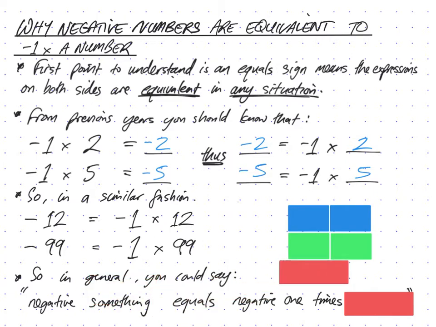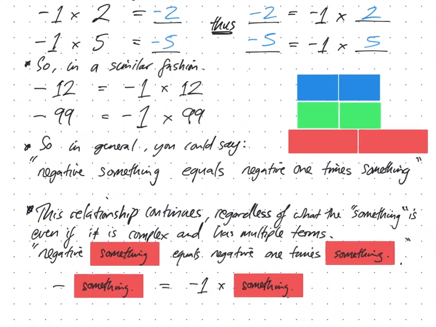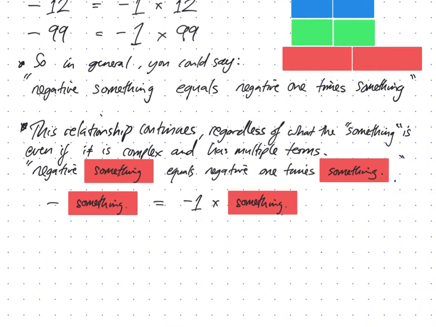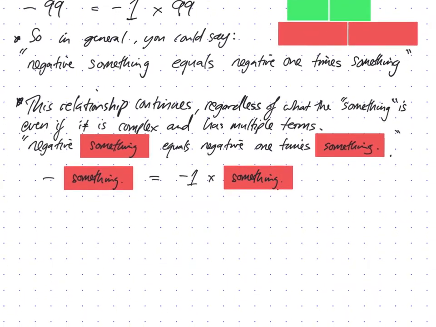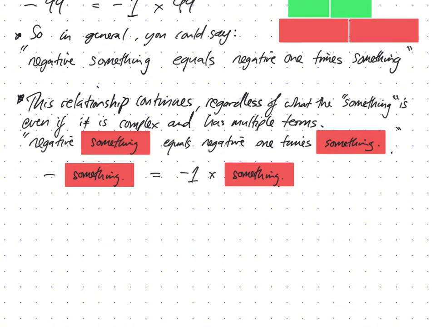Negative something equals -1 times that something. So that is the general rule that this whole video is going to be based on. Negative something equals -1 times the something that we started off with in the first place. So this relationship continues regardless of what the something is, even if it's complex and has multiple terms.